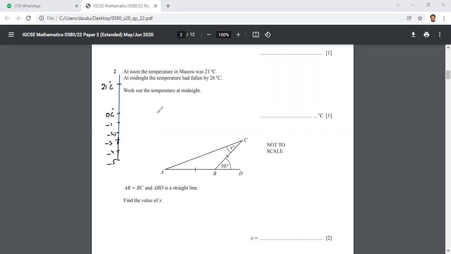In a mathematical way, it is 21 degrees Celsius minus 26 degrees Celsius. That gives you -5 degrees Celsius. It means your answer is -5. It means you are moving down 26 points. So at this point you will get -5 degrees Celsius. I hope you get it.